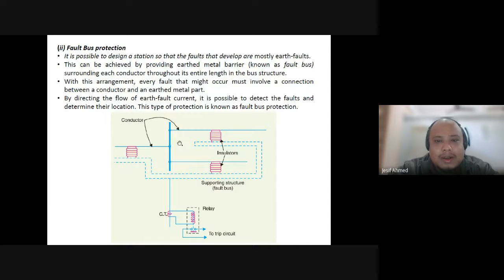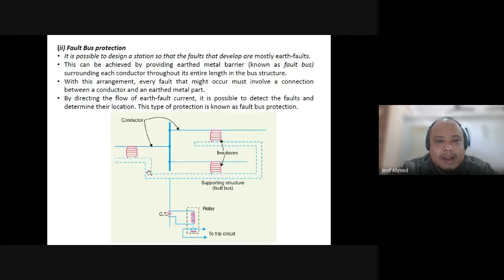So this metal is earthed, and this is metallic. So this earthed metal barrier surrounds each conductor throughout the entire length of the busbar structure.